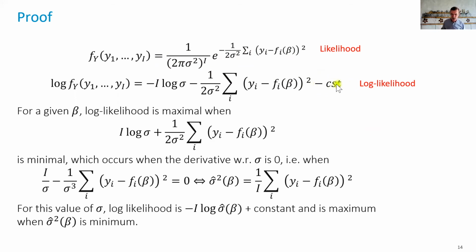I call it minus a constant here. And then the log of this gives this value here. So the problem is to maximize, or minimize, this with respect to sigma and beta, which is the same as maximizing this thing here. So how do we maximize this? Well, there is this annoying thing about sigma. So the way to break the annoyance is to maximize in two steps.